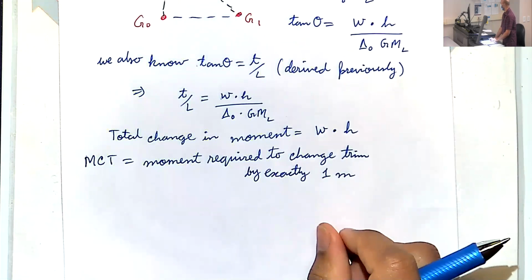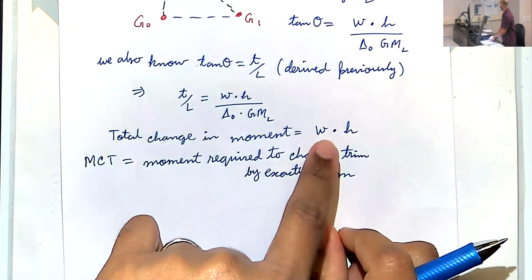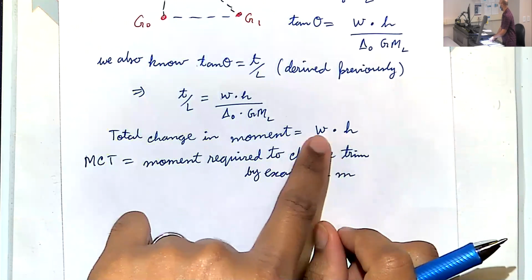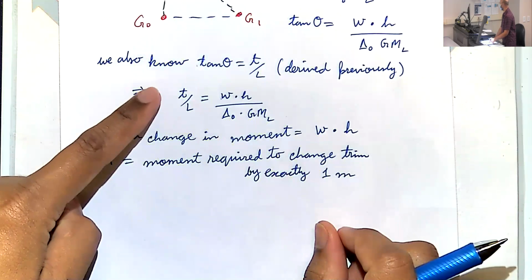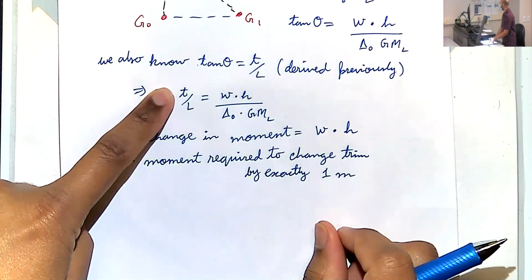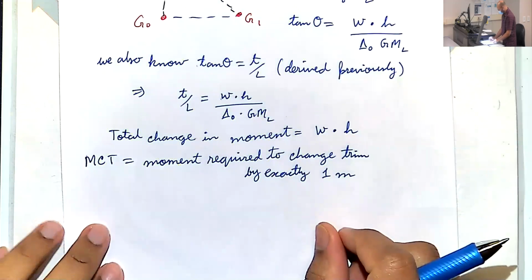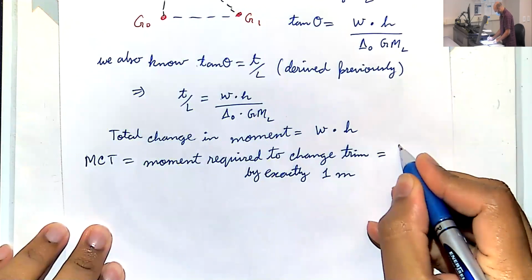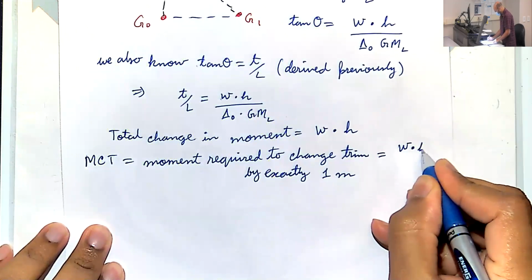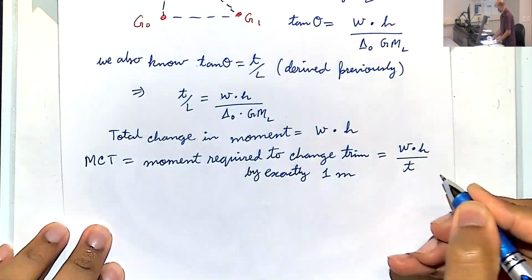In this case, our change in moment is W times h and our change in trim is little t, so we divide to get the required moment for a unit of trim.